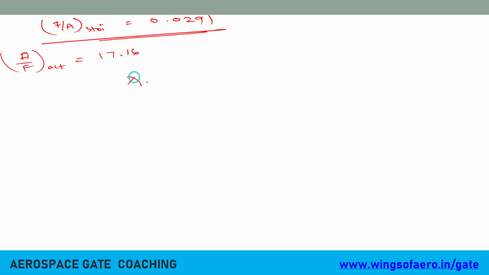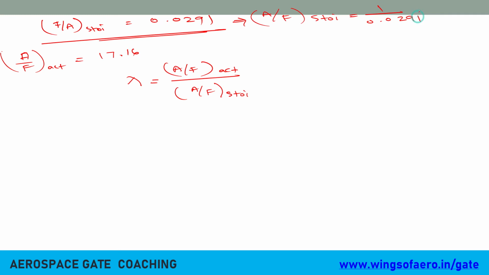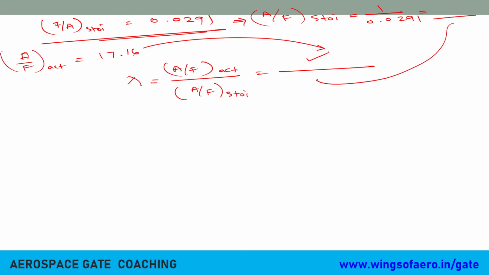Now can you find the stoichiometric ratio? Here they have given fuel to air stoichiometric, so what is going to be the air to fuel stoichiometric? Can you write 1 by 0.0291? Substitute this value over here and this value over here, and tell me, are you getting the same answer?